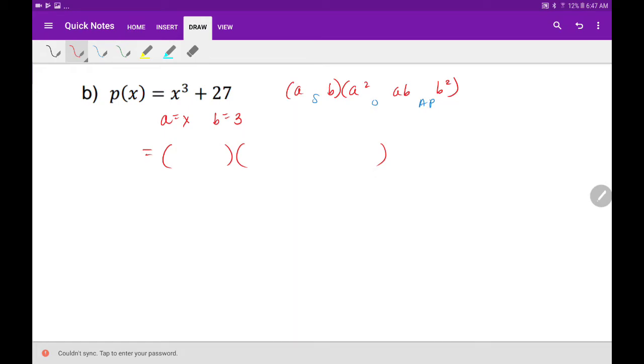So in this case, we have a, b, and then a squared, and then ab, which is x times 3, that's 3x, and then b squared, which means 3 squared, that's 9. As before, we go in and do our signs in the last step.